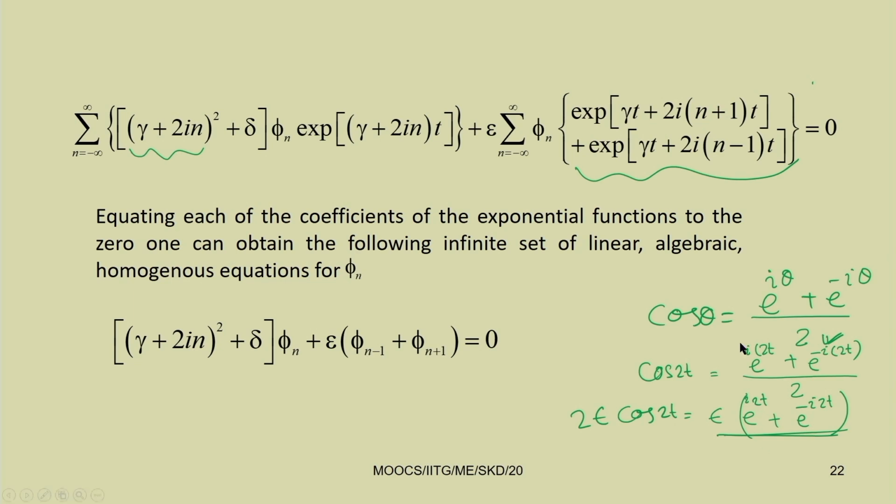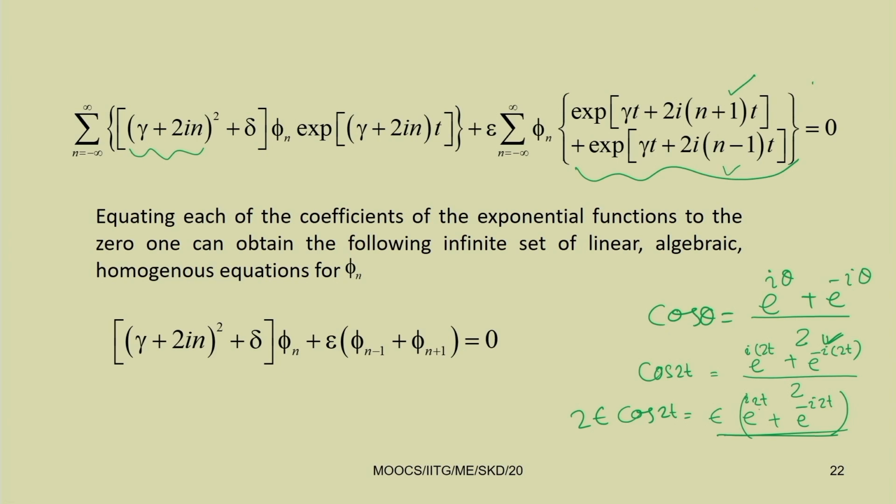If you take 2 i t common, this becomes 2 i (n plus 1) t, and for minus 2 i t, by taking 2 i t common, this becomes 2 i (n minus 1) t.